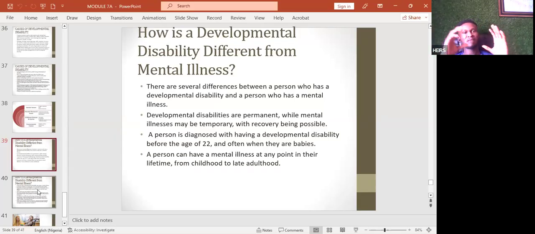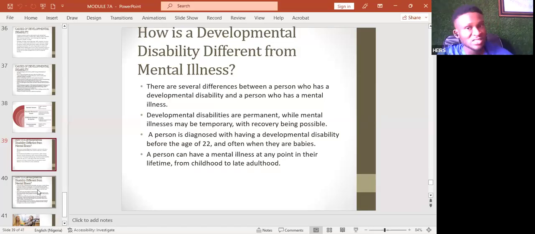So we believe that mental retardation is the same as mental illness. The person is mad. So let's see how developmental disability is different from mental illness.